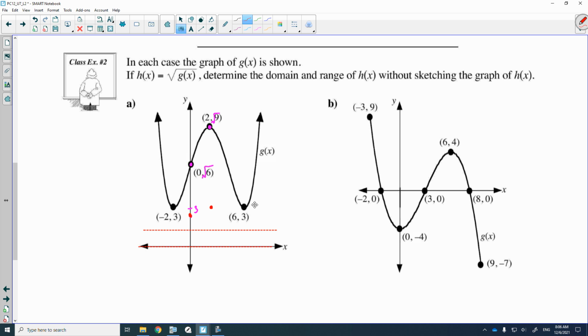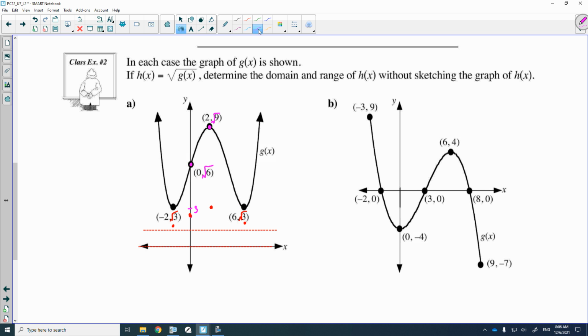On the radical graph, it is going to be at 6 and the square root of 3. So the square root of 3 is 1.7. So I'll put it about down here. This guy would be -2, and the square root of 3 is 1.7. I'm going to get 2 other points.